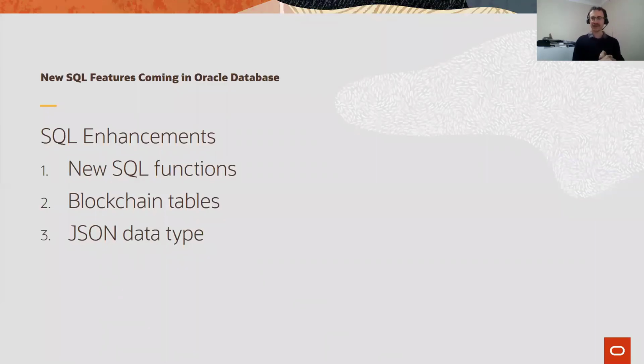Another feature that we've added, which does seem quite popular, is blockchain tables, so we'll talk about how they work. And based on a poll I did on Twitter last week, the JSON data type, a new native way of storing JSON in the database, is new in 20C as well. I'll have some slides, walk through those briefly, and do some demos showing you how those work.